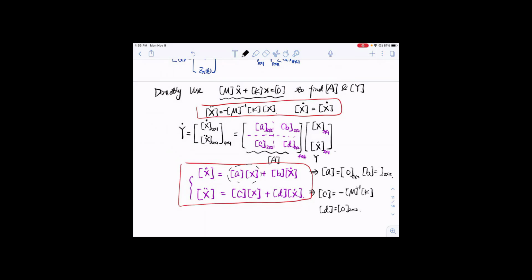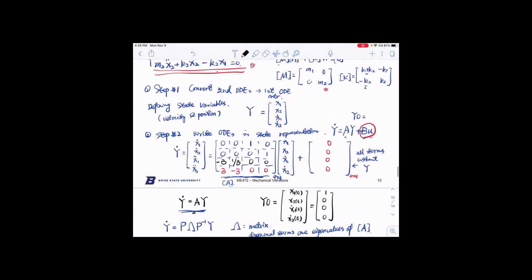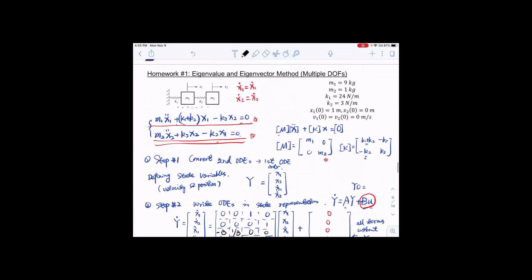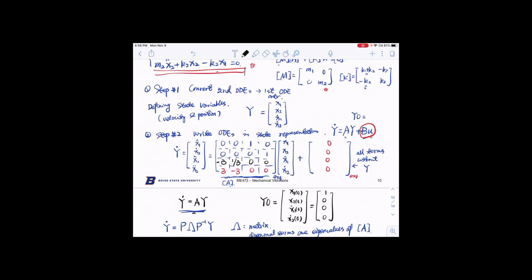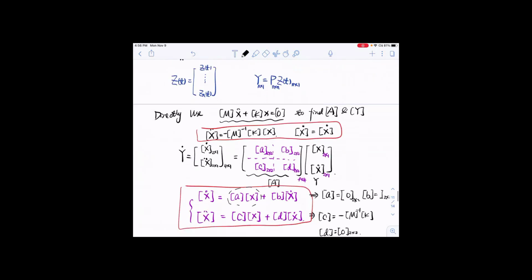This will be extremely helpful if you have more than two equations. For example, in this system, if I add another mass to the right-hand side of M2, and you want to do this individually, you're going to have something like 12 equations, and your A matrix will be 24 by 24, and you have to do all of these individually.